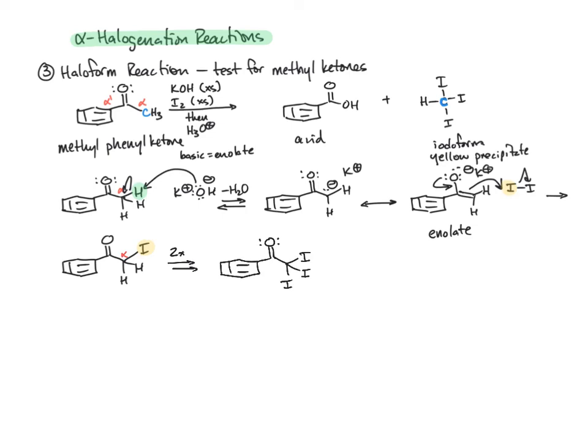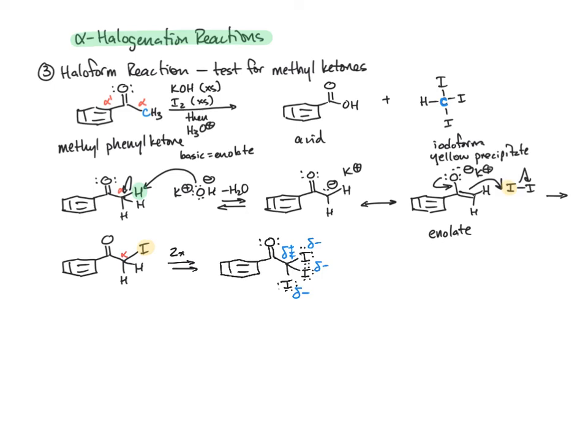If we plug in our lone pairs, we can now look at partial positive, partial negative charges. Each iodine is delta minus. So the carbon we can think of as delta plus plus plus.